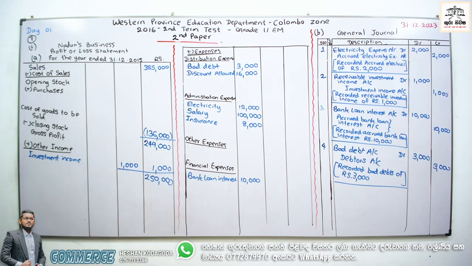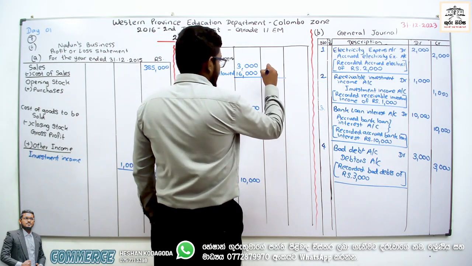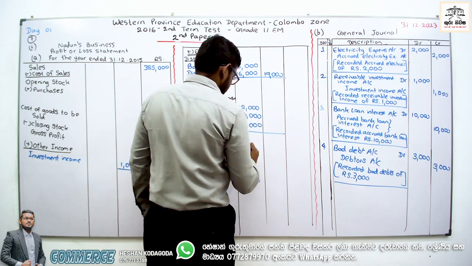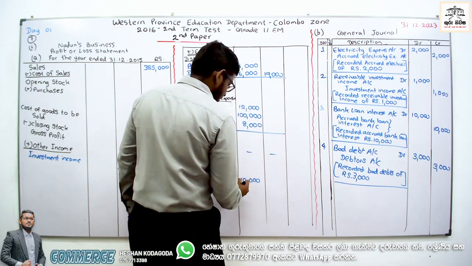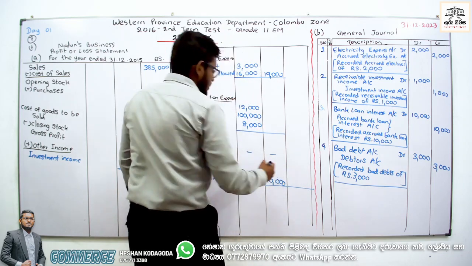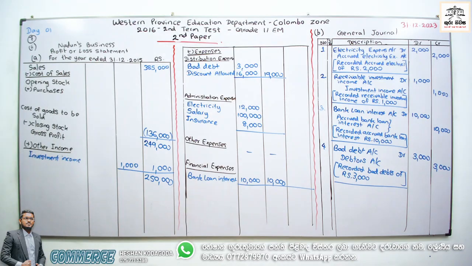Now in here, this is 250,000. Gross profit is 249,000. Now in here, 19,000. So this is 10,000. In here, 12,000 plus 100,000 plus 8,000 means 120,000.